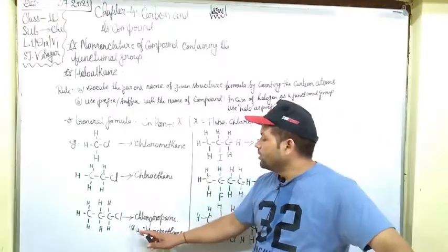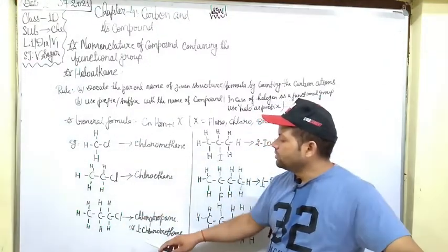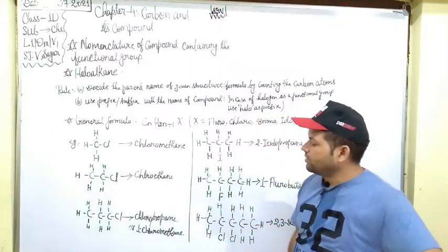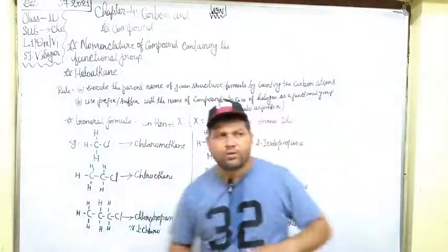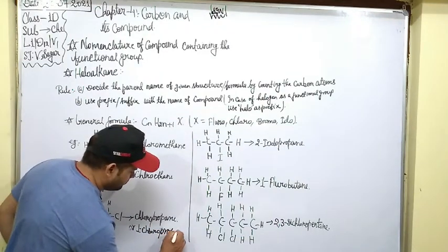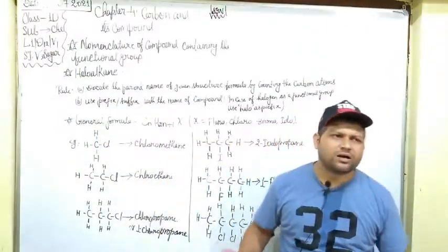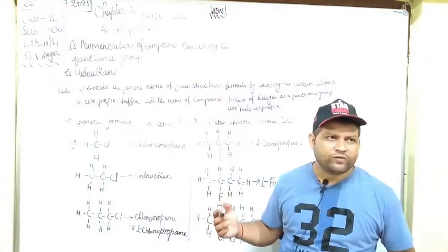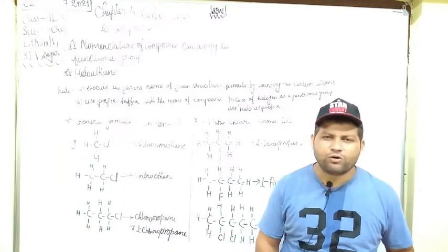So chloropropane is also written as 1-chloropropane. Right. So these are the methods I have explained which describe how we can write the name of a given organic compound.